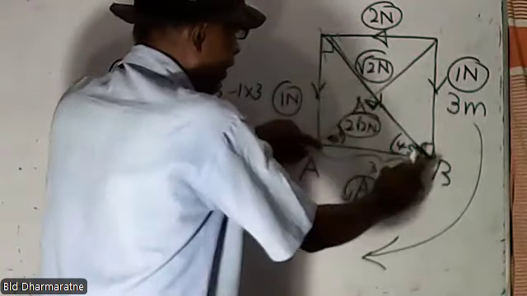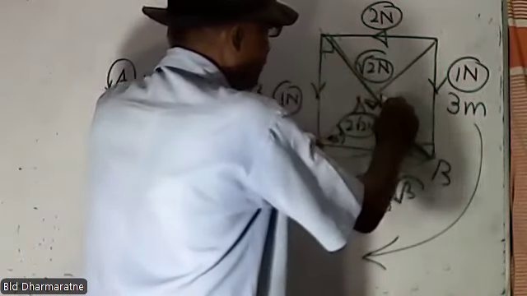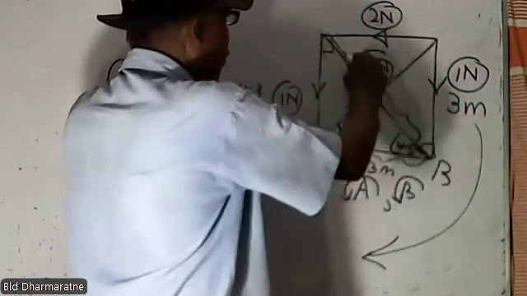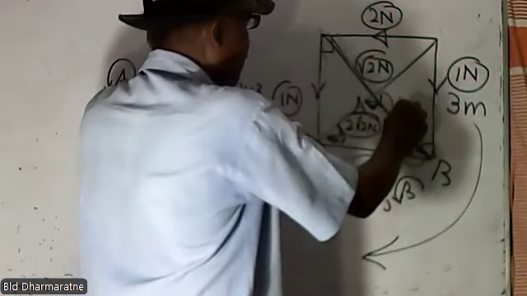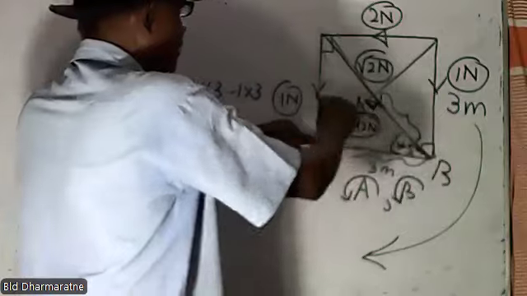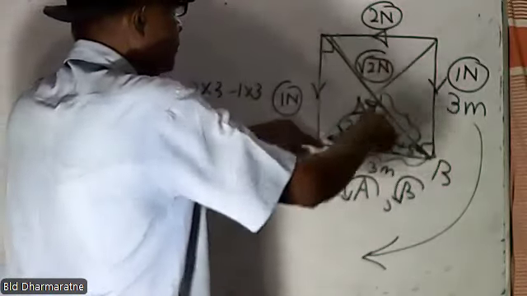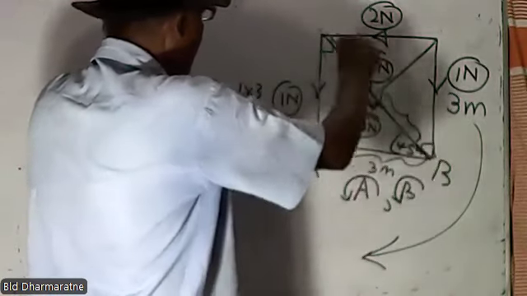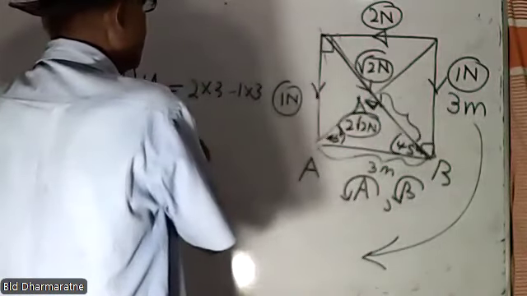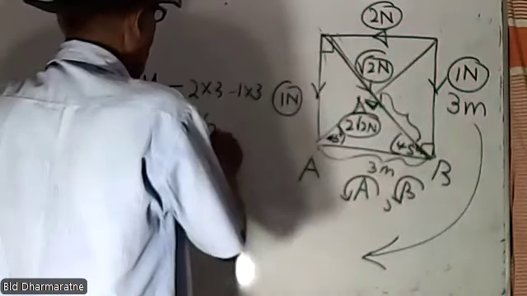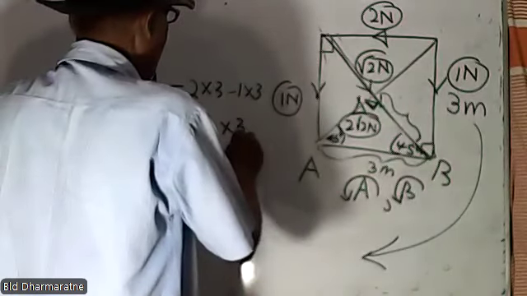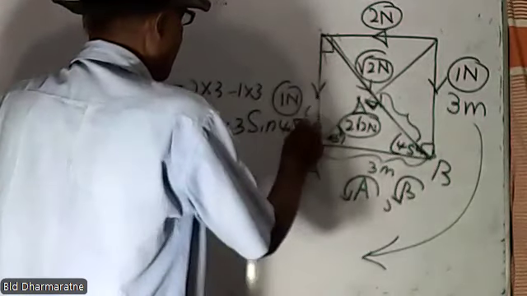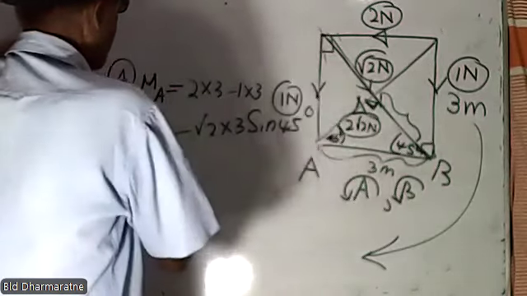Then 3 sine 45. This clockwise moment is minus root 2 into 3 sine 45.